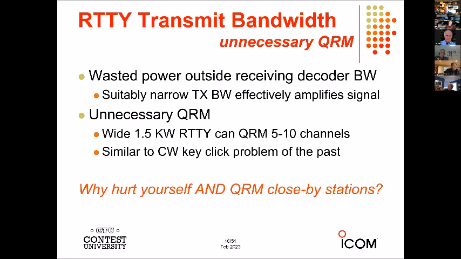So a wide RTTY signal can wipe out a whole handful of potential channels of activity that could be on the band. And you not only QRM other stations, but you hurt yourself, because putting energy into a wide signal is not helping decoding on the other end. So it's to your advantage to have a narrow transmit signal as well, so that you're putting all your energy into the area that's being decoded on the other side.